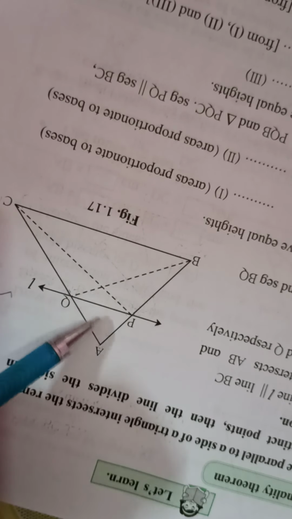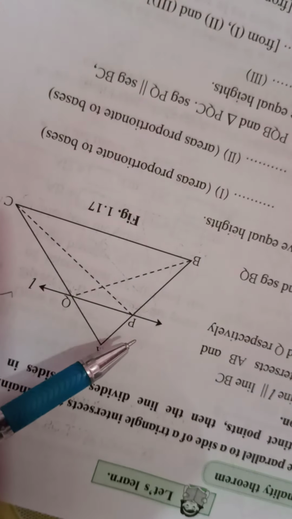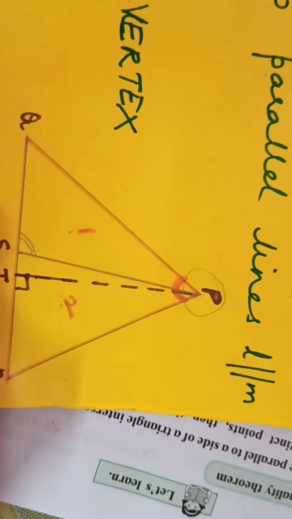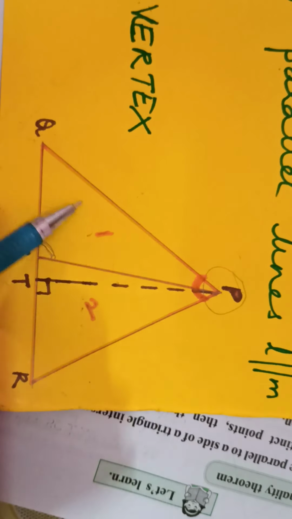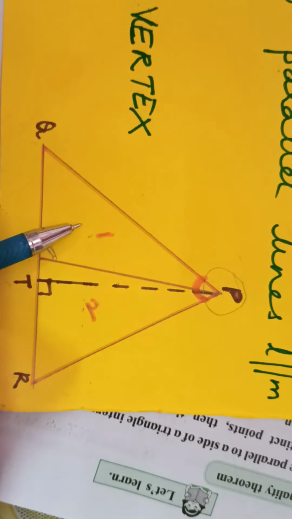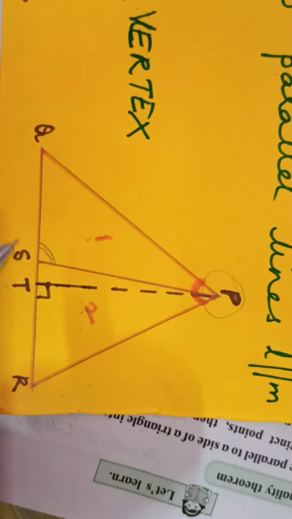Both these two triangles have common vertex P, and therefore they have the same height. Their heights are the same. Both have common vertex, therefore both the triangles have same height.